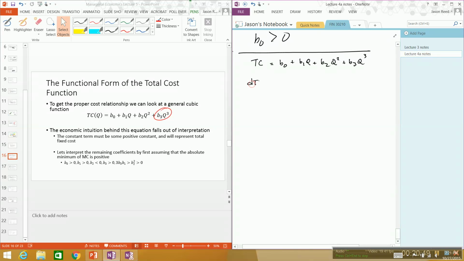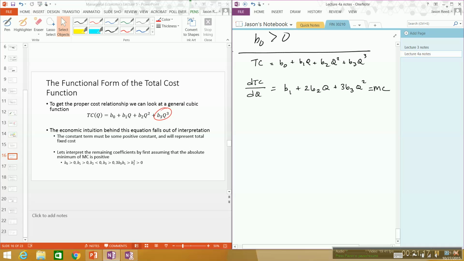Then we want dTC/dq. Recall, beta naught is going to fall out. This is our fixed cost, so beta naught goes away. It's not dependent on q at all. So we are left with beta 1 plus 2 beta 2 q plus 3 beta 3 q squared. Good. Now this is our marginal cost.